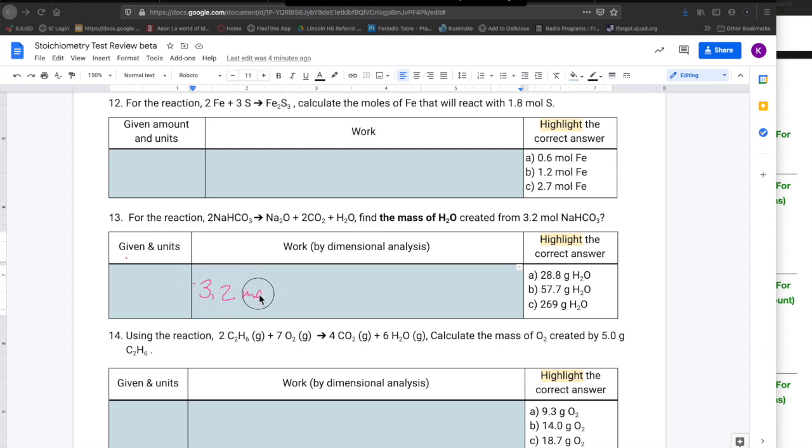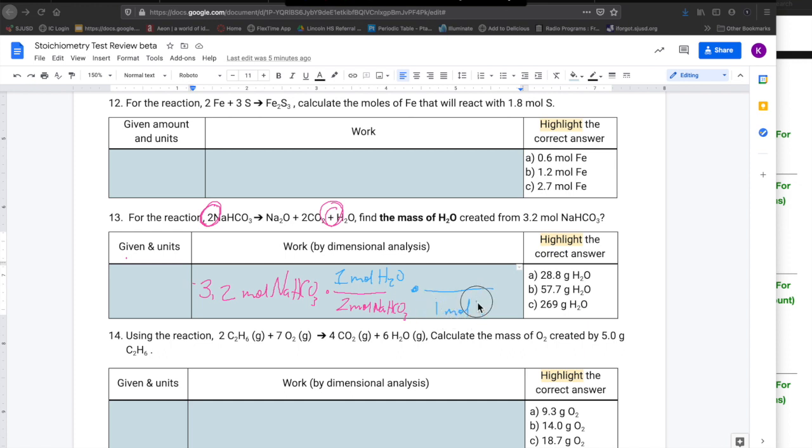Okay, so this one will be 3.2 moles of NaHCO3. And then the mole ratio, remember this is where the mole ratio comes from. We'll need that number, and we'll need water. Anything that's not shown is a 1. So we need 1 mole H2O, and down here it'll be 2 moles NaHCO3. The second step we said would be molar mass.